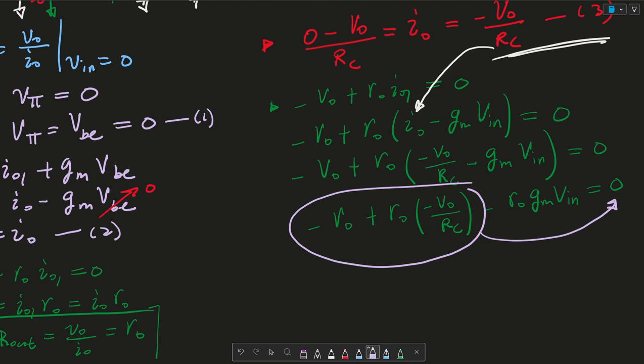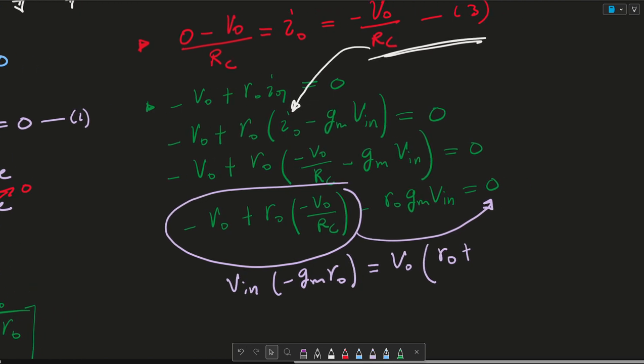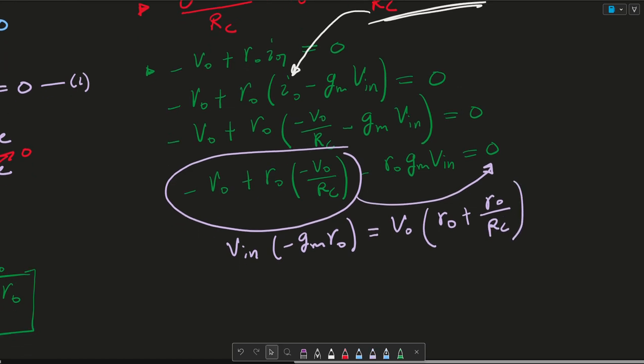So we get on our left-hand side minus Vin times, let's do Vin minus GM RO, is equal to V out times 1, sorry, this should be 1. So this is moved to the right-hand side. This is 1, and then I pull out a VO. I'm left with RO over RC, and it becomes positive because I moved it to the right-hand side.